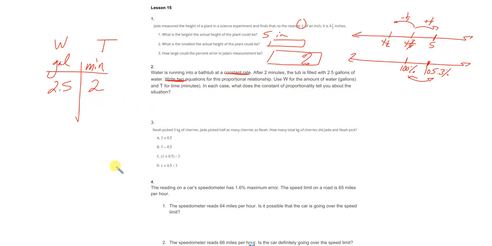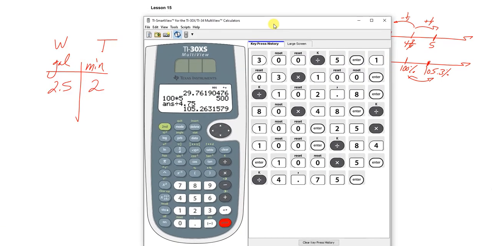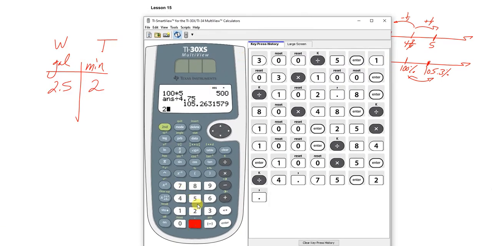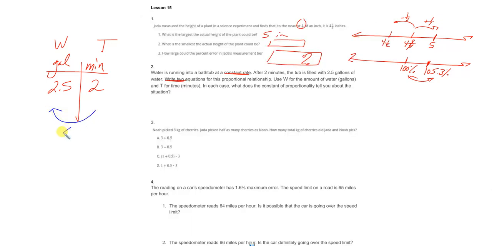Okay, so let's find the constant of proportionality first. 2.5 divided by 2. Our constant is 1.25 to get us from here to here. So times 1.25. That tells me that I can take T and multiply by 1.25, and that will equal the number on the W side.